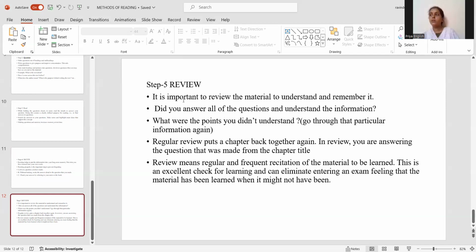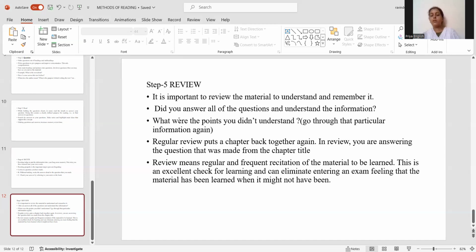When you have completed all this process, in this reviewing process you're trying to answer yourself whether the questions I framed before reading the text, I have understood, and whether I am clear with the answer to the question which I framed before reading that particular chapter.